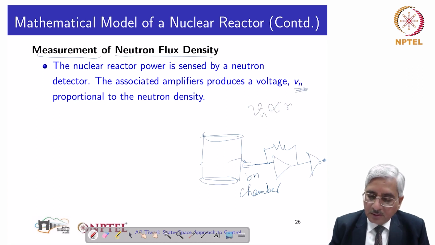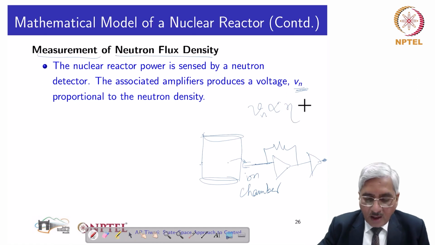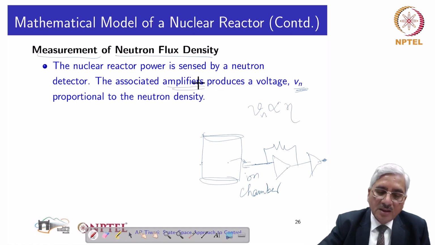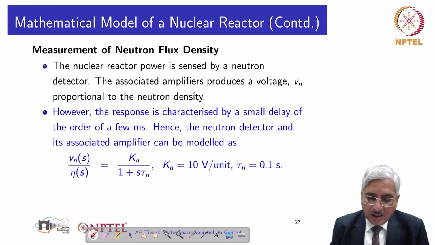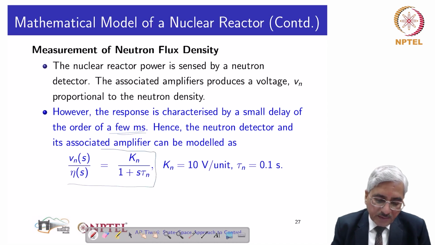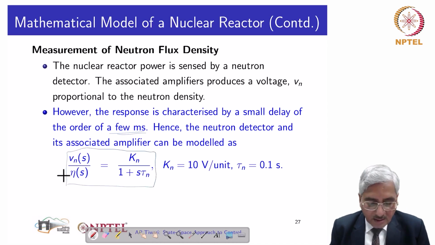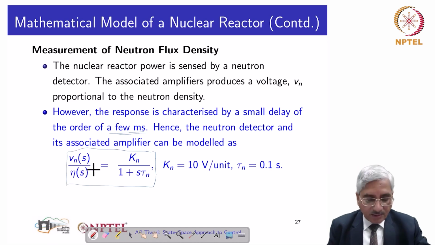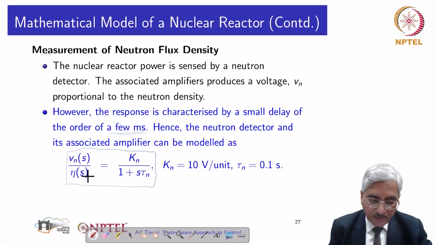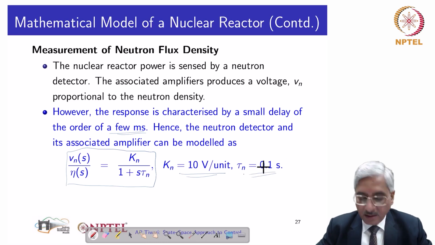which is proportional to neutron density. However, the amplifier will have a little time constant, a few milliseconds time constant, and its transfer function is given by this, that the voltage divided by the neutron density in the core, the Laplace transform, is K by 1 plus s tau. K is usually 10 volts and tau is of the order of 100 milliseconds, 0.1.